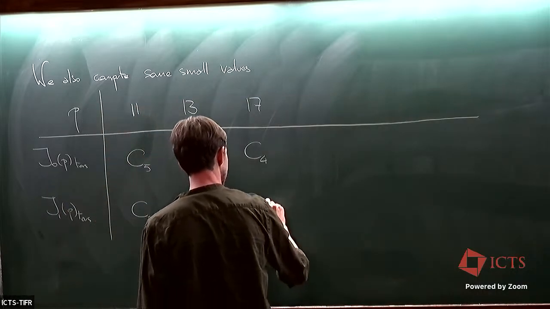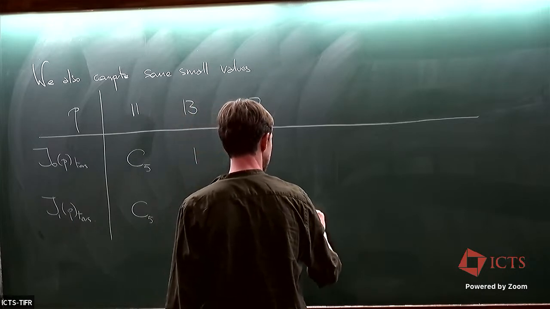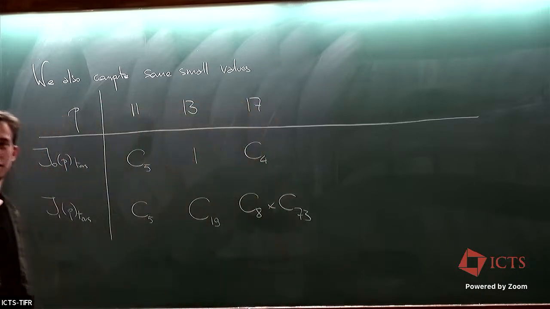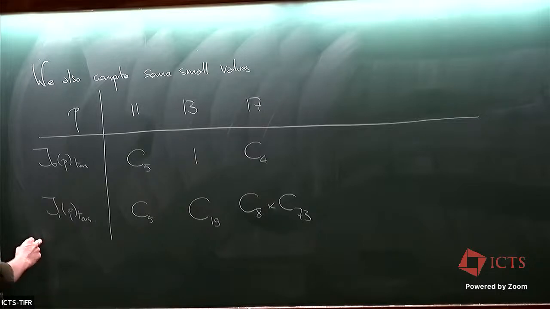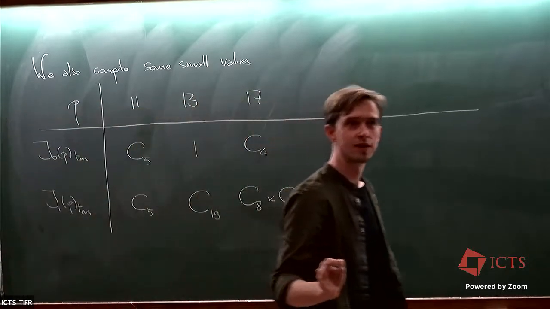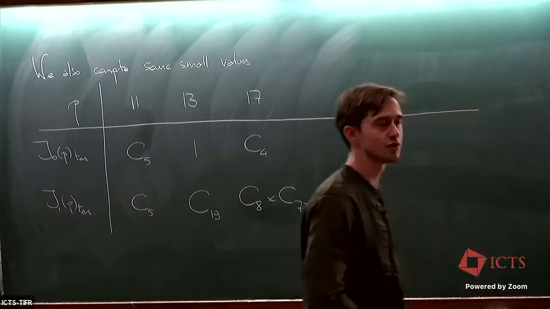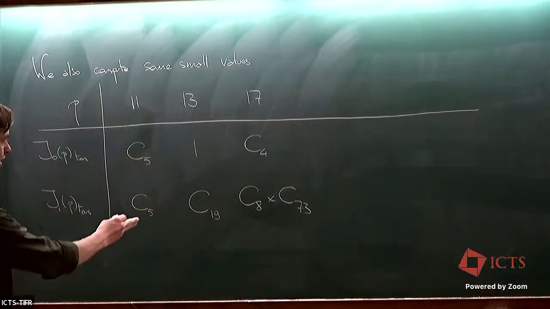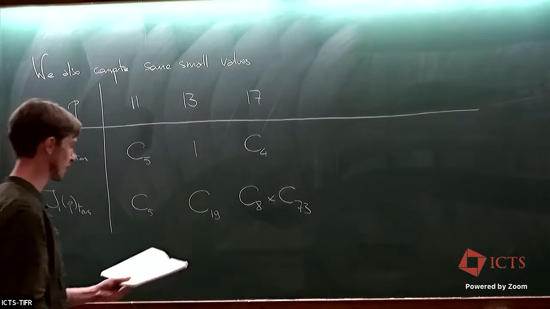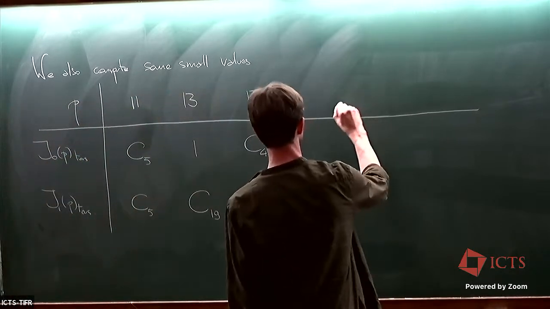It's C8 times C73, amazingly. There's a rational point of order 73 on the Jacobian of X1(17). Amazing, right? X1(17) is a curve of genus 5. It's huge. How do you get to know some information about the Jacobian? Here, at least we know something about its torsion, and we'll learn much more about its rank very soon.